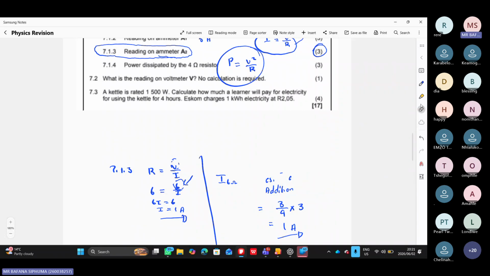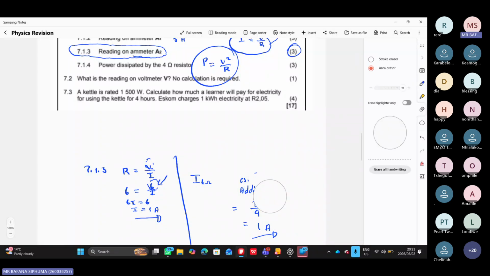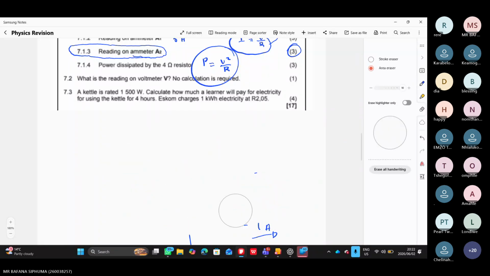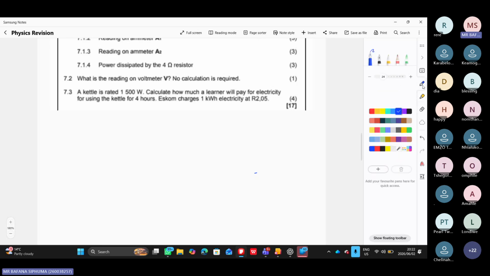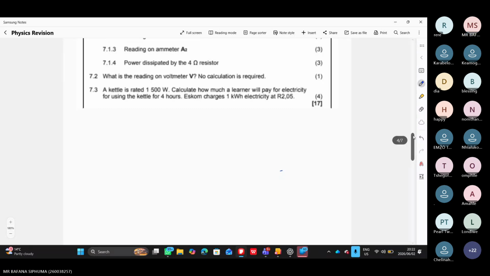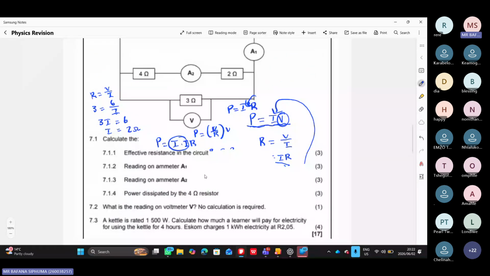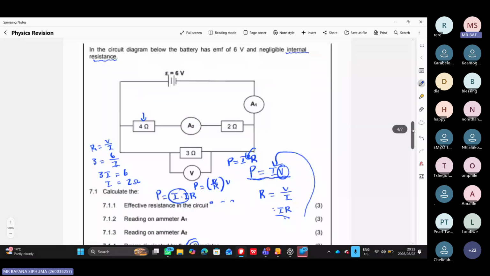I wanted to skip 7.1.4, the one asking for power, but let me just do it, just in case. They said calculate the power dissipated on the 4 ohm resistor. They want the power of this resistance there.